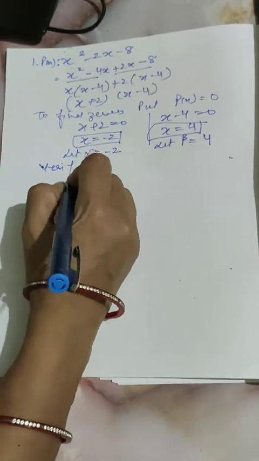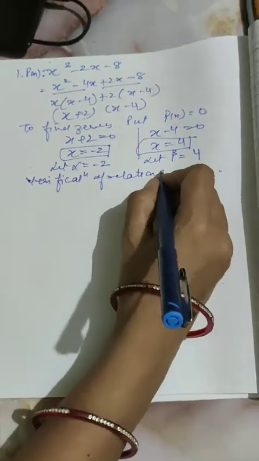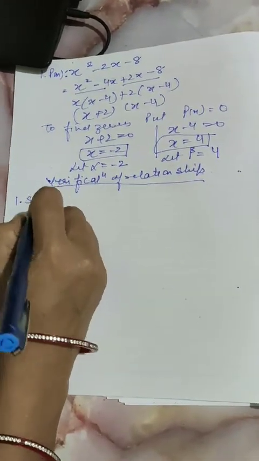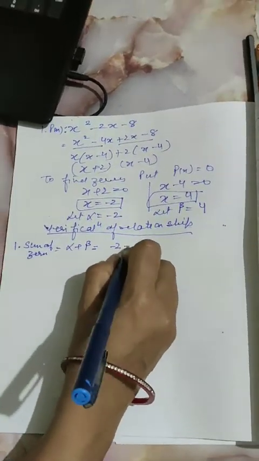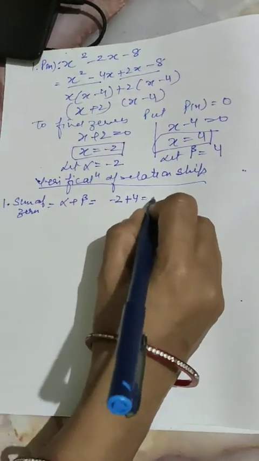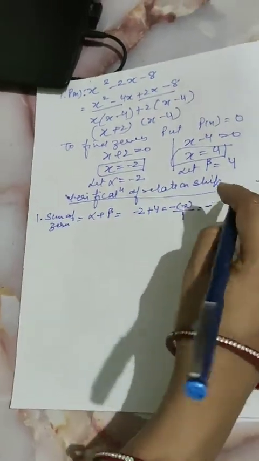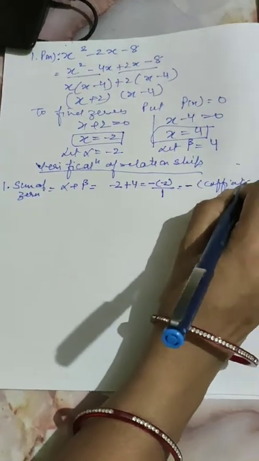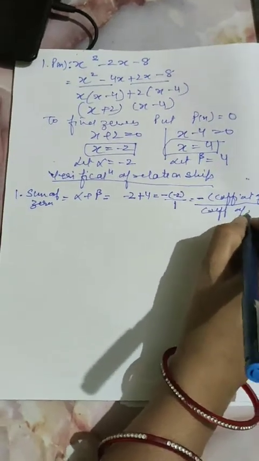Verification of relationship between the zeros and coefficients. The very first is sum of zeros equals alpha plus beta, minus 2 plus 4. It means, you can see, minus coefficient of x upon coefficient of x square.